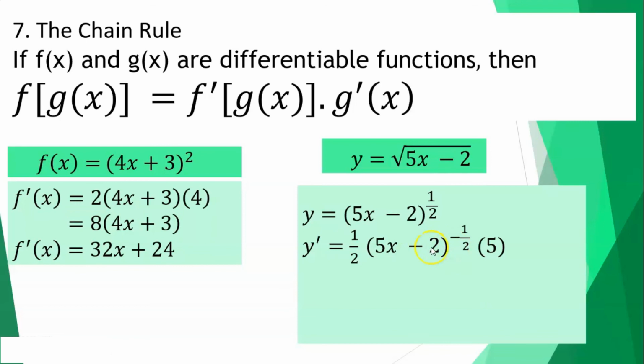Derivative of 5x - 2 would be 5. So simplifying further, we will have (5x - 2) to the power of negative 1/2 times 5 over 2, or we can have here 5 over 2 times the square root of 5x - 2. So that's how you get the derivative, making use of the chain rule.